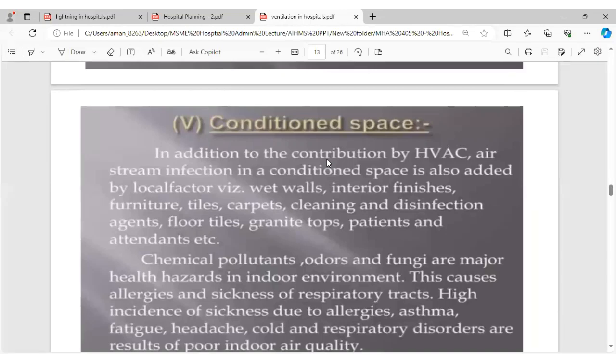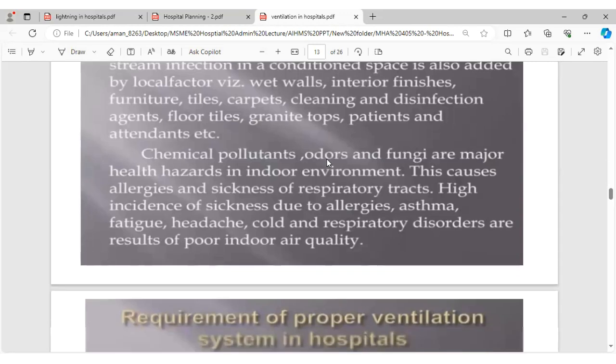In addition to the contribution by HVAC, heating, ventilation, air conditioning, airstream infection in conditioned space is also affected by local factors, that is wet walls, interior finishes, furniture, tiles, carpets, cleaning and disinfection agents, floor tiles, granite tops, patients and attendants.